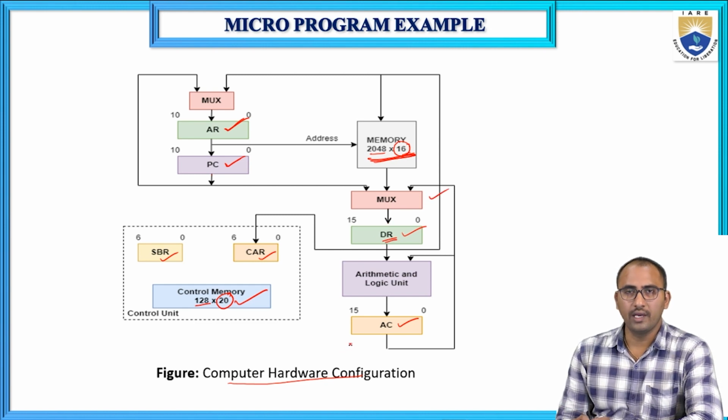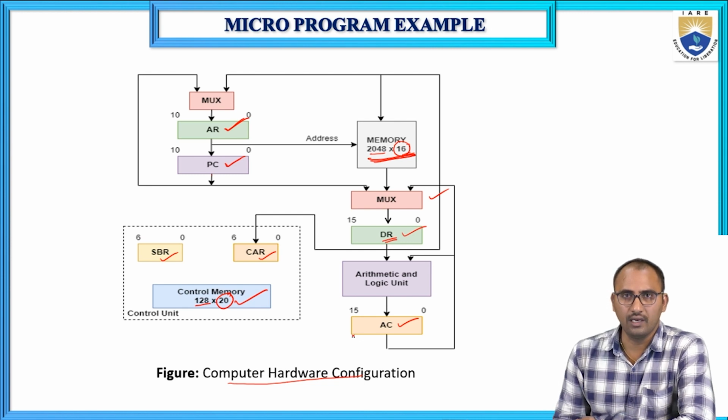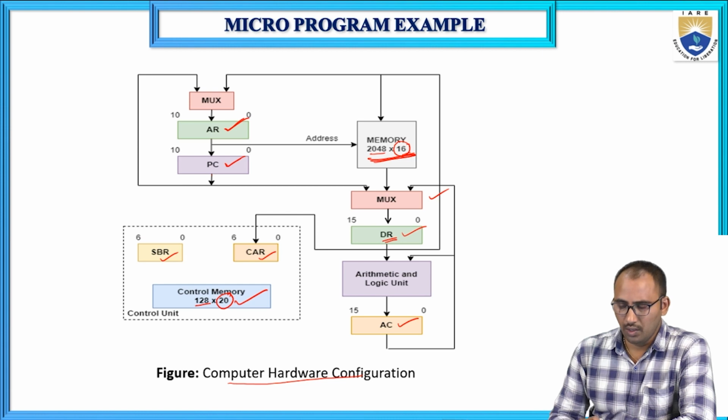Already in previous sessions we have seen the multiplexer and its working. In a multiplexer, based on the selection lines, any one of the inputs will be connected to the output. So that is a multiplexer.